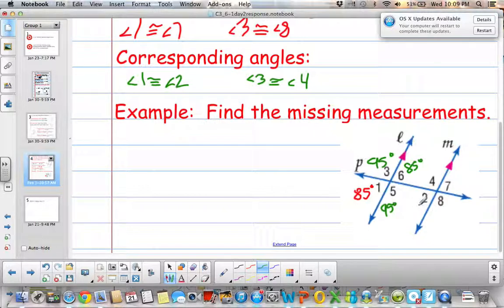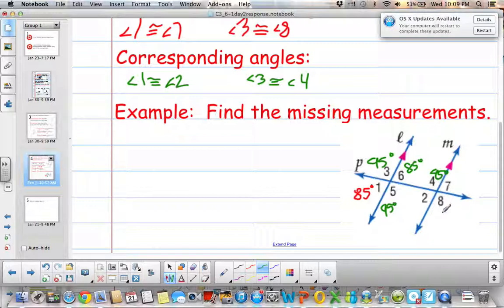Okay, if we look at our alternate interior angles, we know that angle 5 and angle 4 are alternate interior angles, so they would be the same, so angle 4 is also 95 degrees. I also know that angle 3 and angle 4 are corresponding angles, so that's a good way for me to check. Yep, 3 is 95 degrees also, so 4 should be 95.